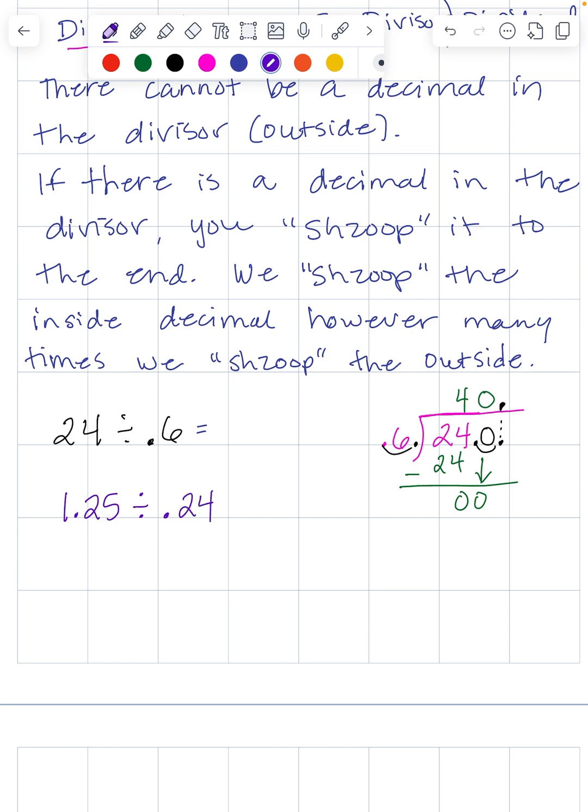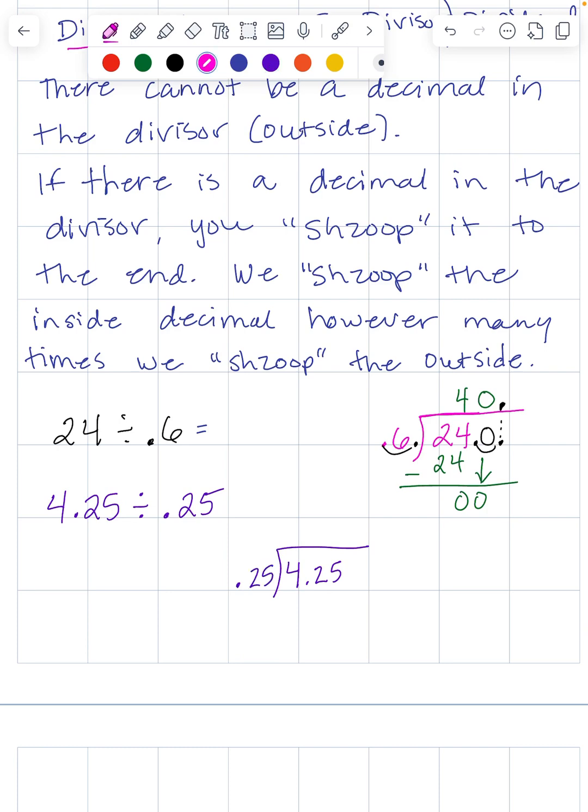We're gonna make that 0.25 and we're gonna make this 4.25. I like that better. Okay, let's go ahead and do this one now. We've got 4.25, this is our inside number, our dividend, divided by our divisor, 0.25, okay?